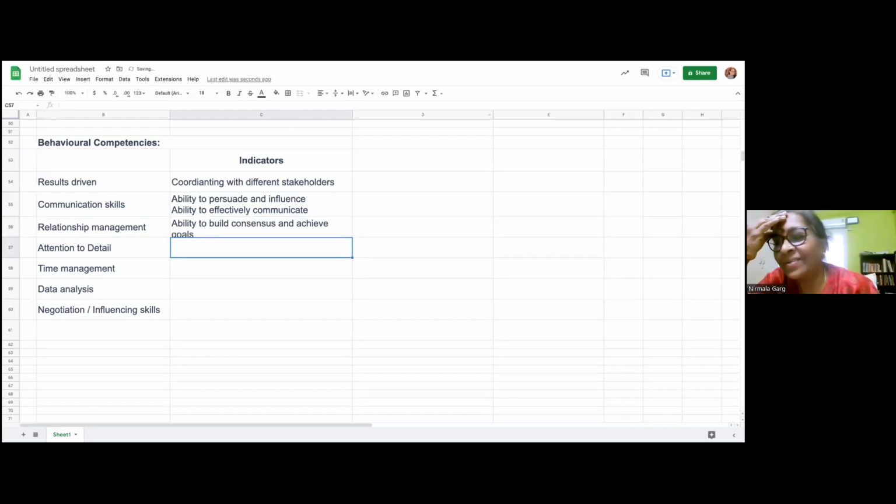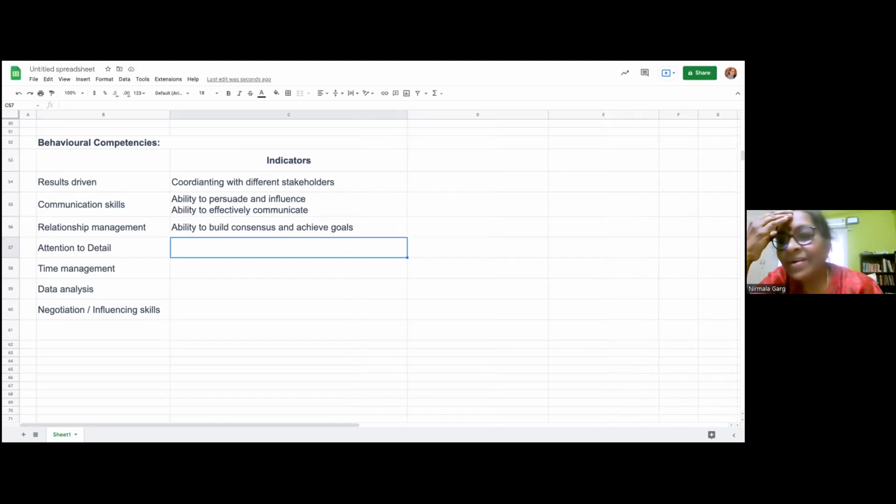Attention to detail. Everybody does that. Tell me, what does it do? Ability to ensure... ability to see the big picture? No, where will the big picture come in? Attention to detail.